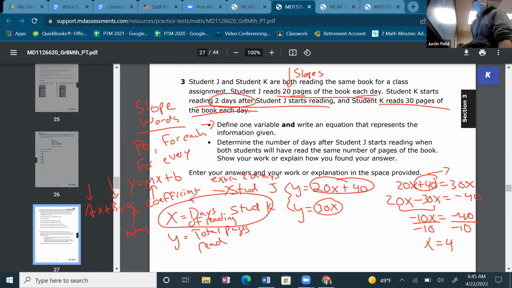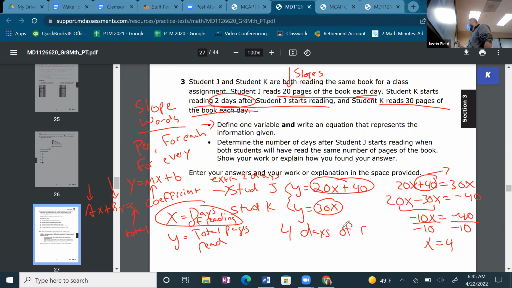And remember, x is days of reading. X is days of reading, so that means 4 days of reading.